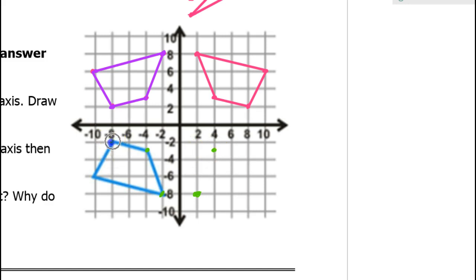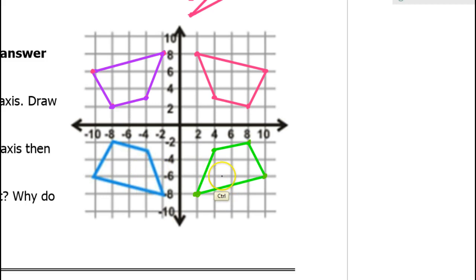If I reflect this point over the y-axis, that's 4 to the left. So I go 4 to the right, that's going to be here. And this point is 5 to the left, so 5 squares to the right. And let me draw it.